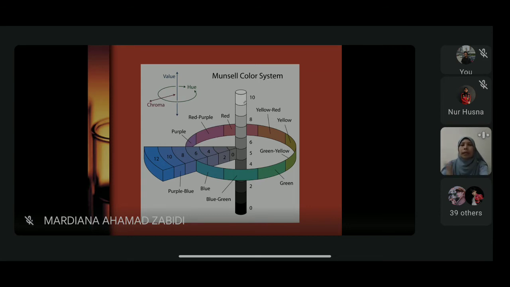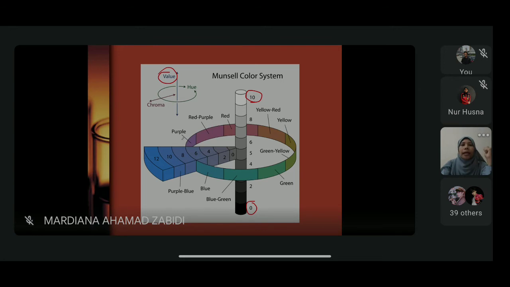If you look at the LAB system earlier, for lightness, this particular lightness is denoted by the term value. The term is value. The range of the value starts from 10, 10 meaning pure white, until 0. But for LAB earlier it started from 0 until 100. But for this particular Munsell color system, it starts from 10 until 0.